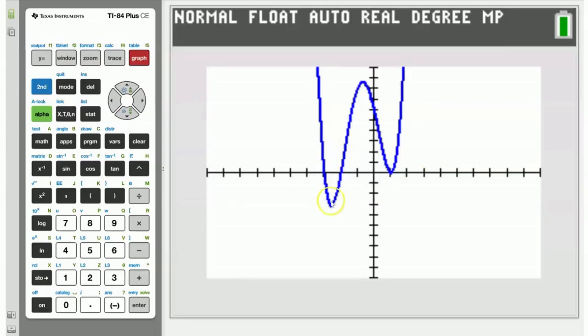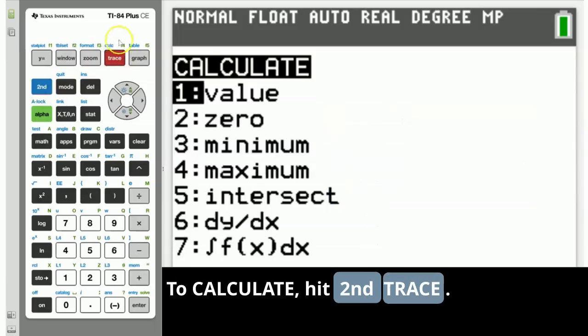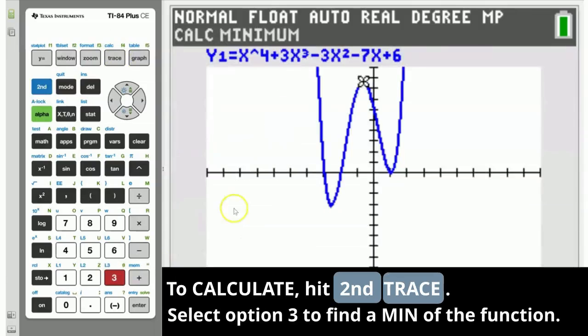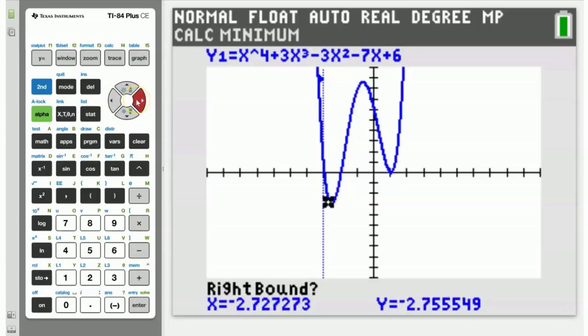So to find the minimum, we're going to do second trace to get to calculate. This time we're going to pick option 3. And it looks like Mr. Blinky Guy is where we left off for that max, so that's fine. I'm going to get the min on the left, so first go to the left side of that point, hit enter, and then go to the right side of that point, hit enter, yes, hit enter.